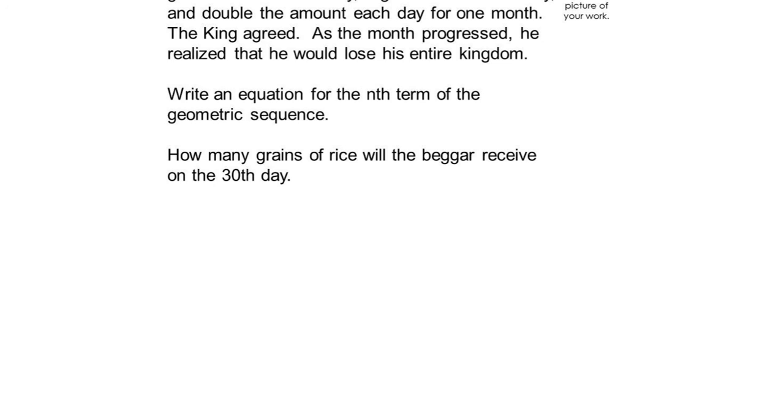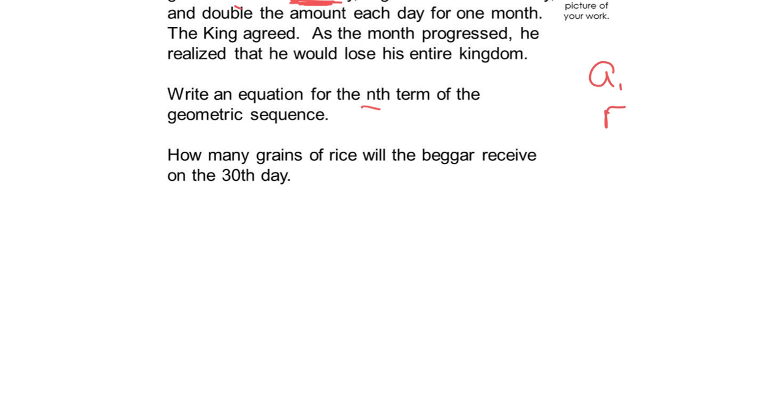Okay, so when you're looking at a story problem, in order to write an equation for the nth term, you have to have your first term and your common ratio. All right, so read the story problem. King offered a beggar fabulous meals for 1 week. Instead, the beggar asked for a single grain of rice on the first day.